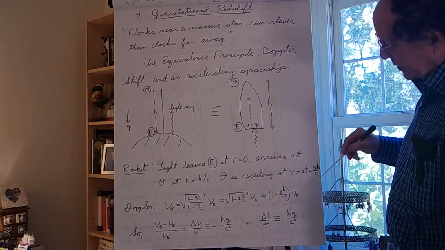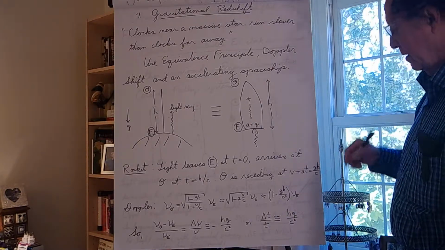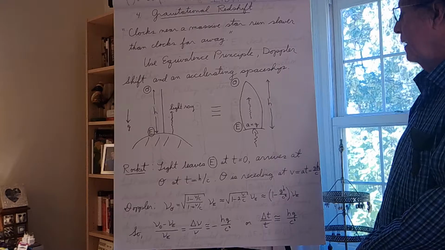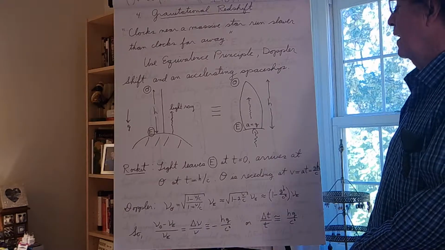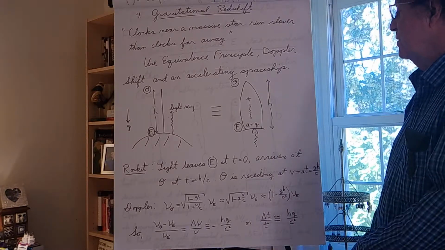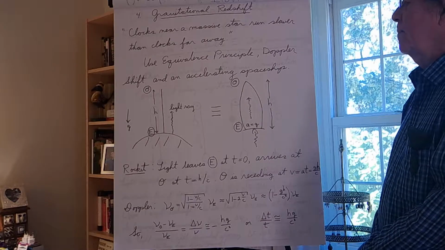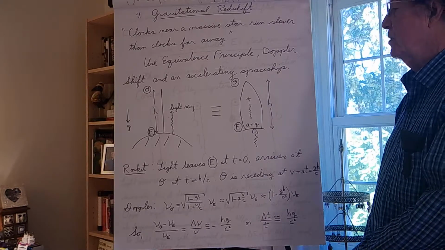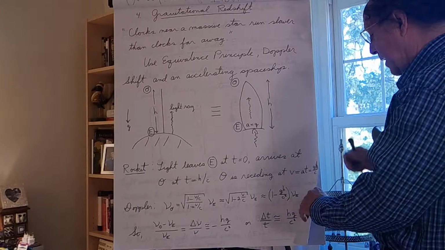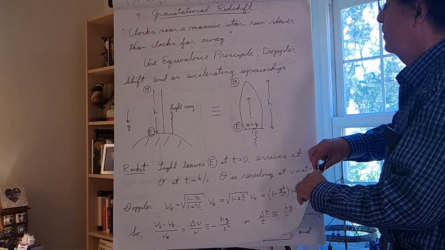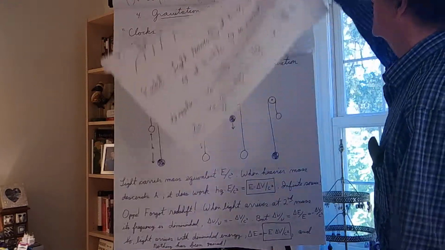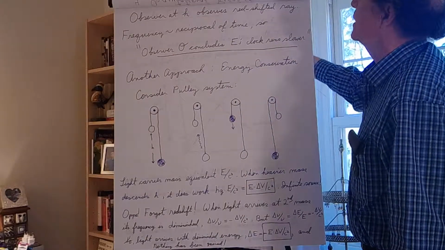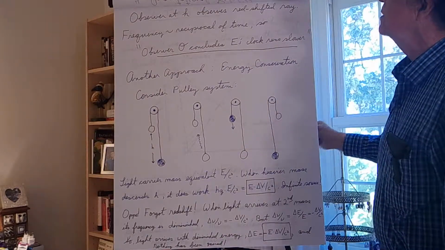But what's upstairs here is the potential difference in general divided by c squared. But for small differences, where the gravitational acceleration is uniform, I can write that just as the potential difference as h times g, and that's what I do here. Okay, and so it's stated then.